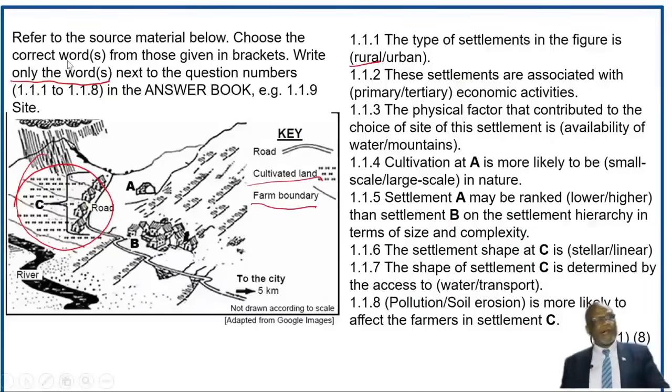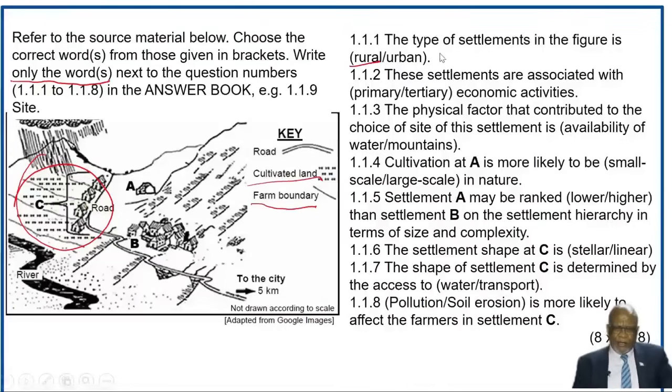So it is a rural settlement. And remember, when we speak of a rural settlement, we say a settlement is rural because of its function. Rural settlements are unifunctional, and the dominant economic activity is primary activities.